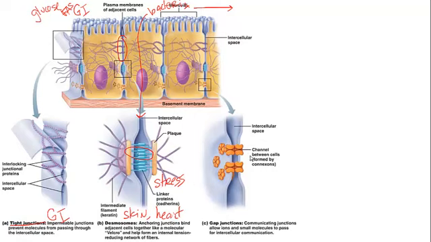And these gap junctions have specialized proteins in them called connexons. And these connexons kind of act like little tunnels that allow ions to pass. Tunnels that allow ions to pass quickly from one cell to another.